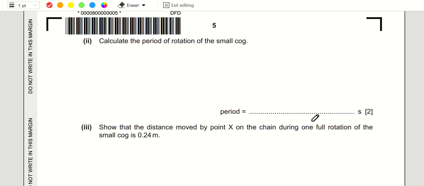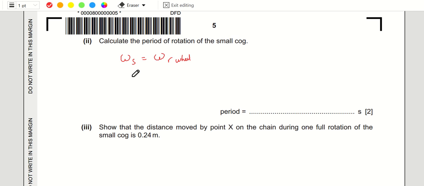Calculate the period of rotation of the small cog. As the small cog is fixed to the rear wheel, omega small cog is equal to omega rear wheel.